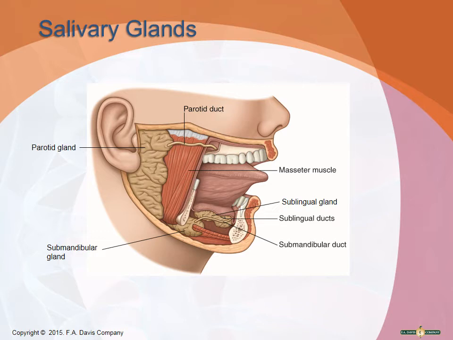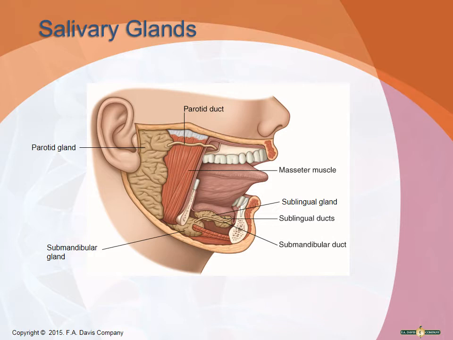Just like lots of the other fluids in our body, saliva is mostly water, but in the fluid are enzymes, and some have antibacterial compounds, and some are the digestive enzymes, as I mentioned, salivary amylase and lipase. Lipase begins the breakdown of fats, and salivary amylase breaks down starches.